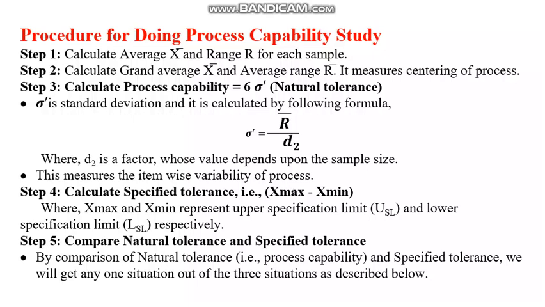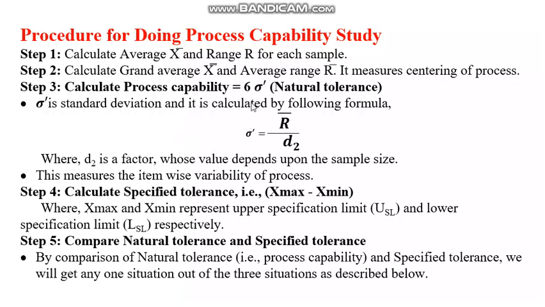Process capability is 6 sigma prime. Sigma prime is the standard deviation, and it is calculated by this formula: sigma prime is R bar upon D2. D2 is a factor which is available in the standard tables. This measures the item-wise variability of the process.